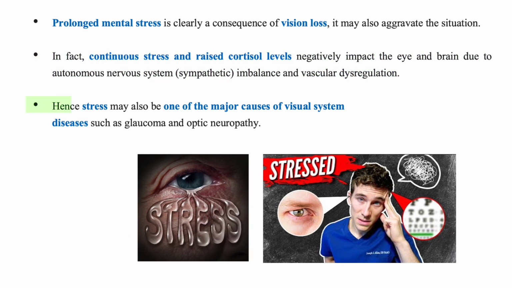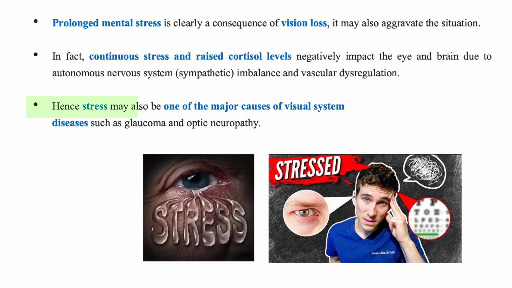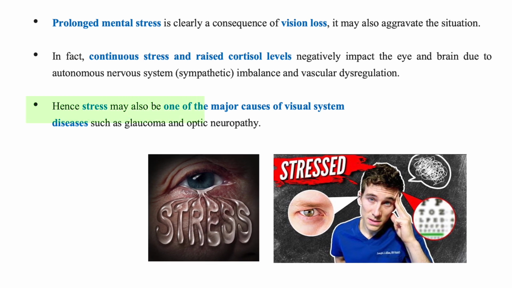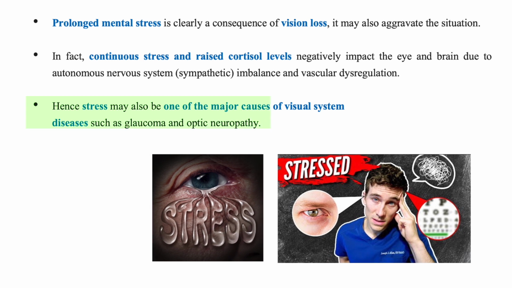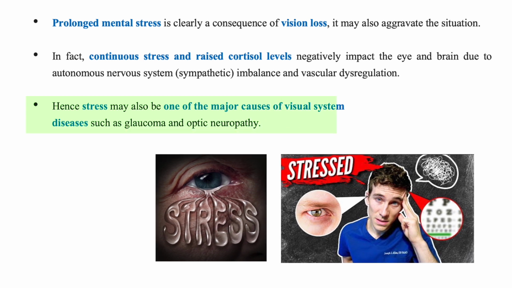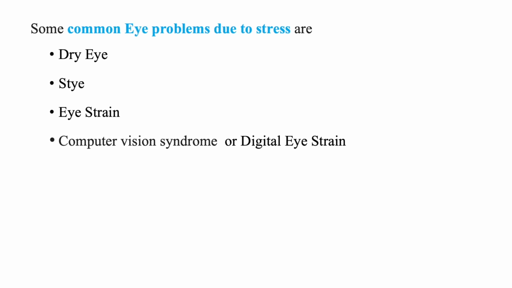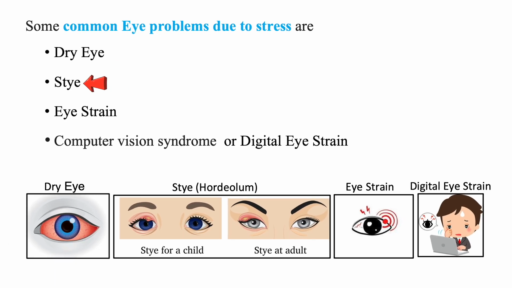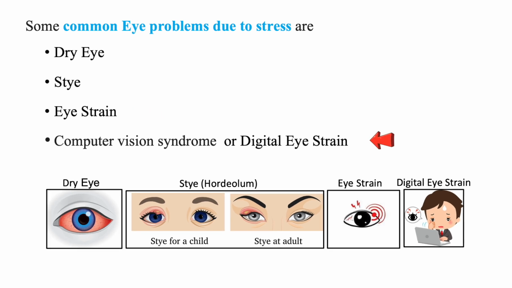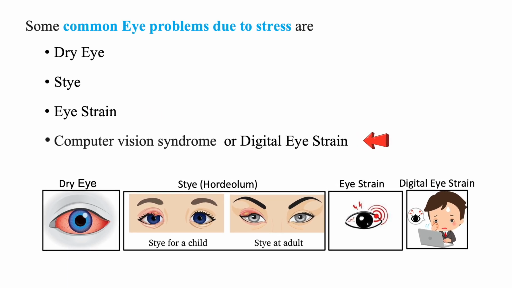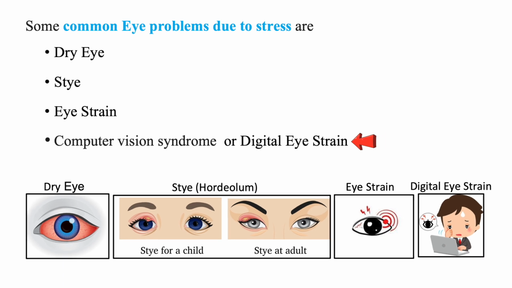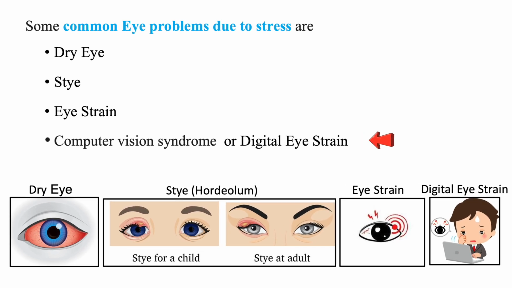Hence, stress may also be one of the major causes of visual system diseases such as glaucoma and optic neuropathy. Some common eye problems due to stress are dry eye, stye, eye strain, and computer vision syndrome, which has become so common, or digital eye strain.